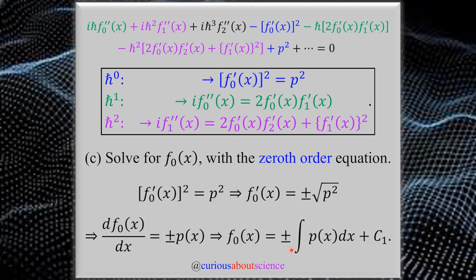And we see that f0 is equal to plus or minus the momentum function plus some constant. Easy enough. Not bad at all. But because we have 0 and 0 put together in the first order, we need both of these 0 functions to go and solve for the 1 function. So let's go ahead and utilize this result in the next page.